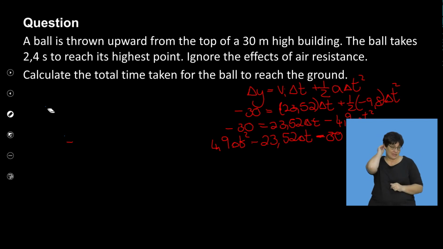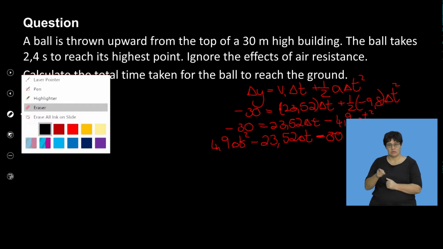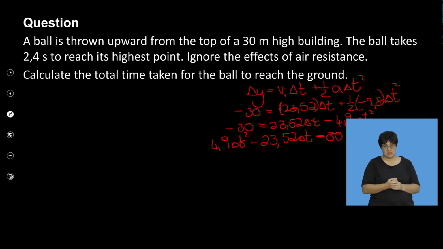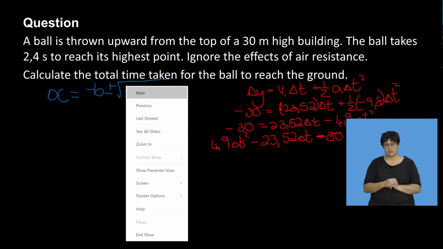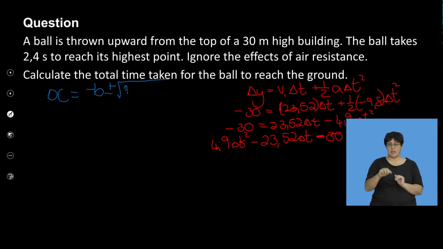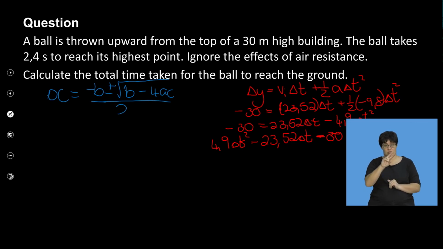So you remember from maths that x is equal to minus b plus or minus the square root of, this is why you've got to remember it, I do remember it, b squared minus 4ac, over 2a, okay?